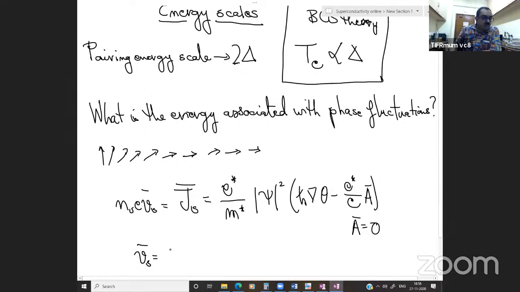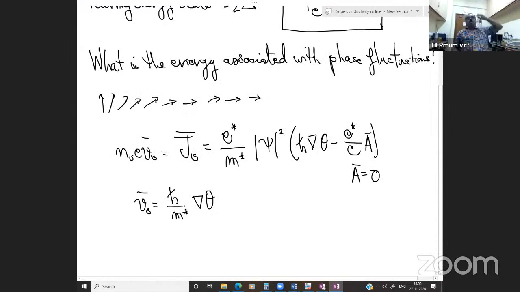So Vs would be h-bar by m star into grad theta. Okay, so this is what by now I know, that if there is no magnetic field, a current in a superconductor is associated with the gradient of the phase.